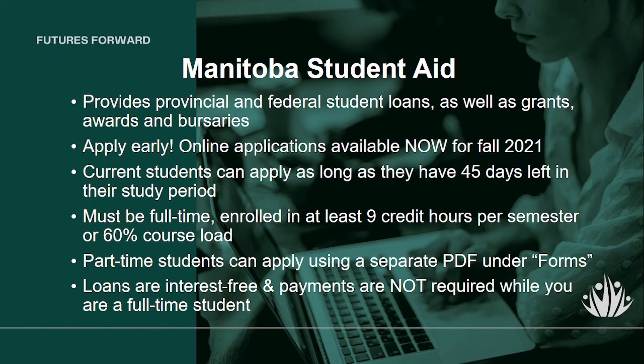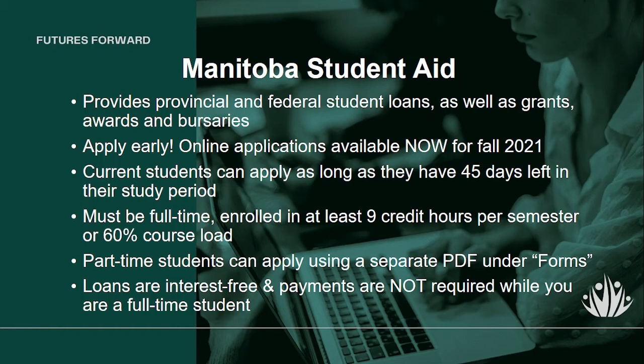With Manitoba Student Aid, you must be a full-time student enrolled in at least 9 credit hours per semester or a 60% course load. College programs are usually full-time, so you don't really need to worry about that.